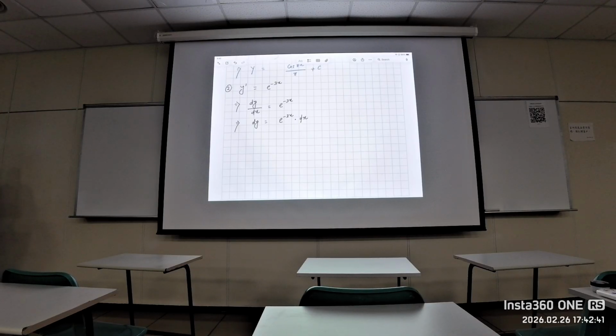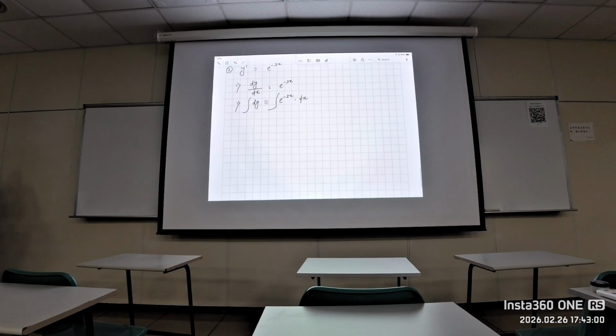And then in the next step I will apply the integration on both sides. If I apply the integration, how much will I get? Can somebody tell me the answer? I believe most of you know about this.